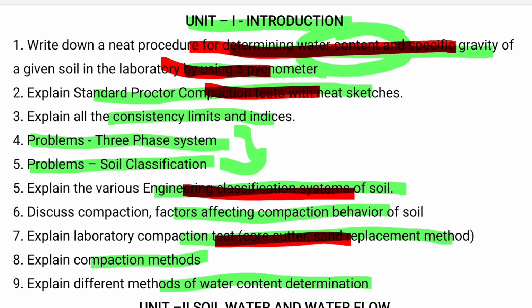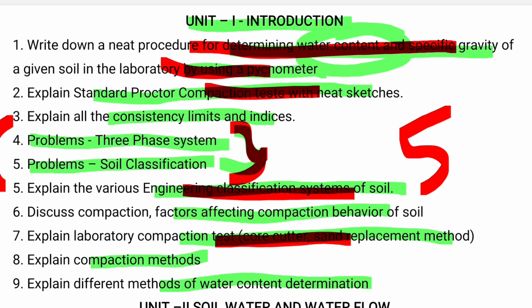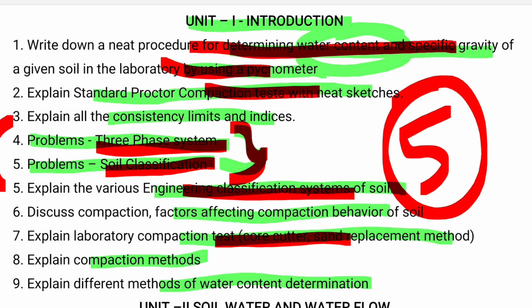So there are five important questions. Next are two important problems, and definitely the problems may come on the three-phase system and the soil classification system. If you prepare well for these five questions, you can answer at least one question.